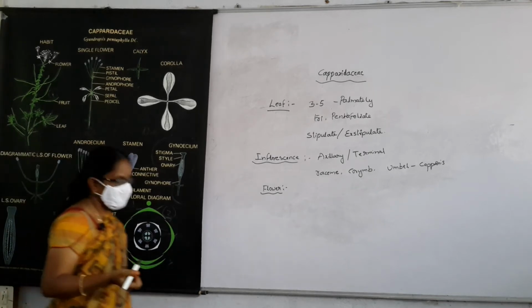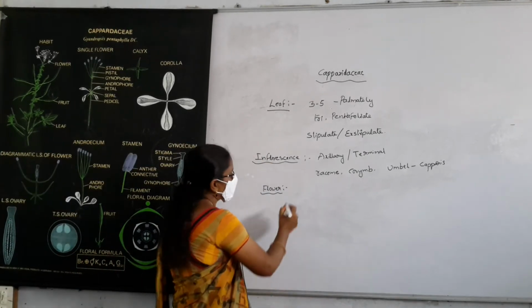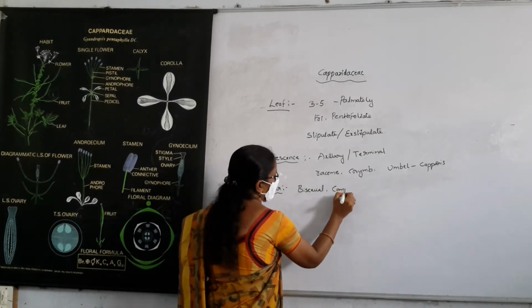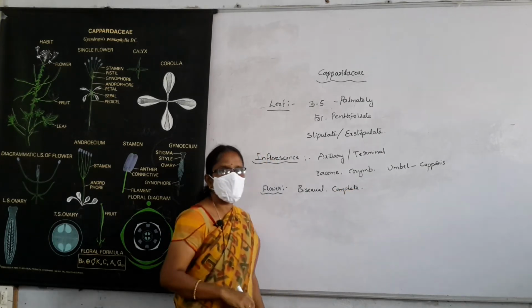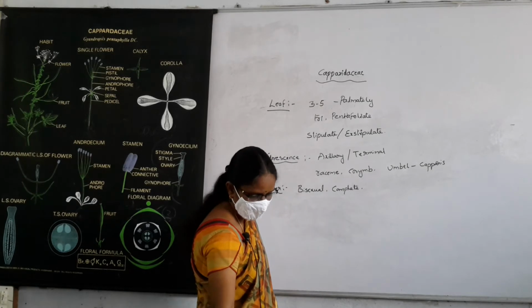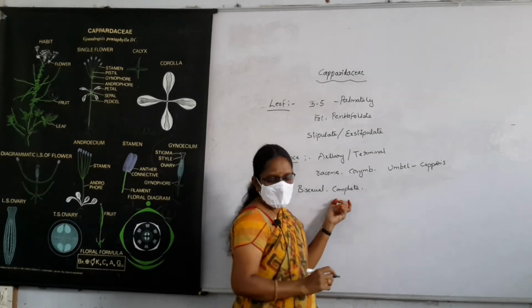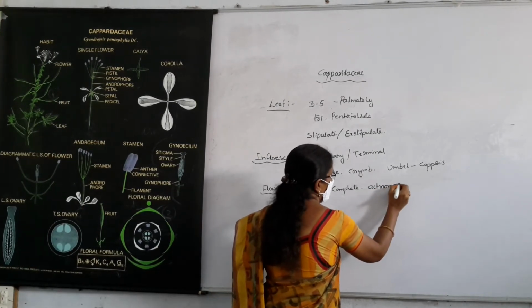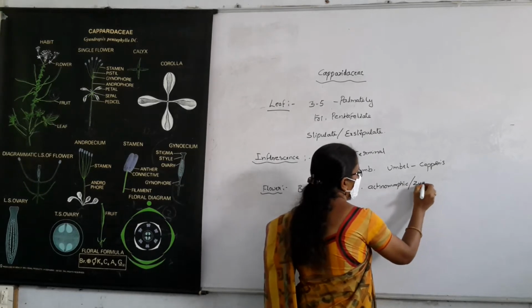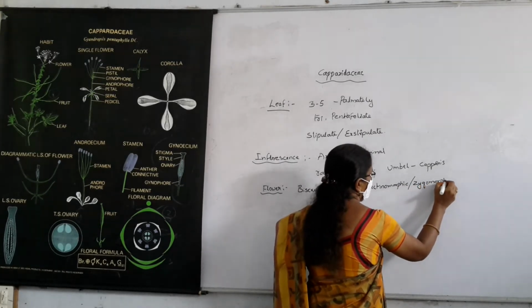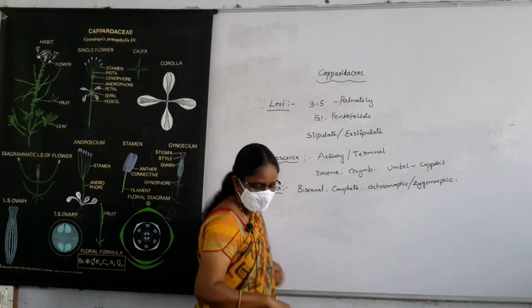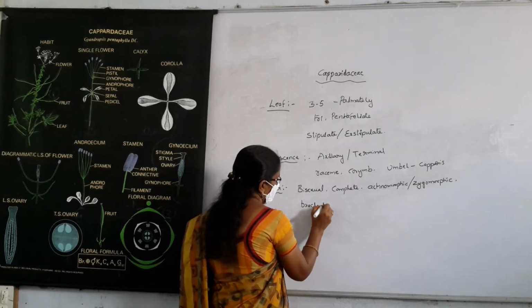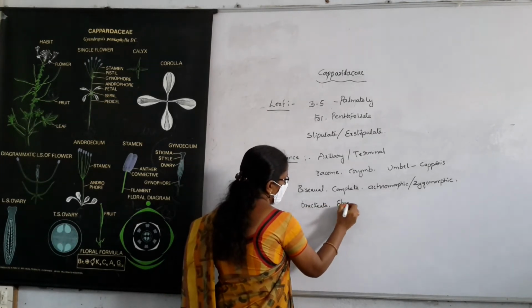Each flower is bisexual, complete, and actinomorphic or zygomorphic, and bracteate, ebracteolate.